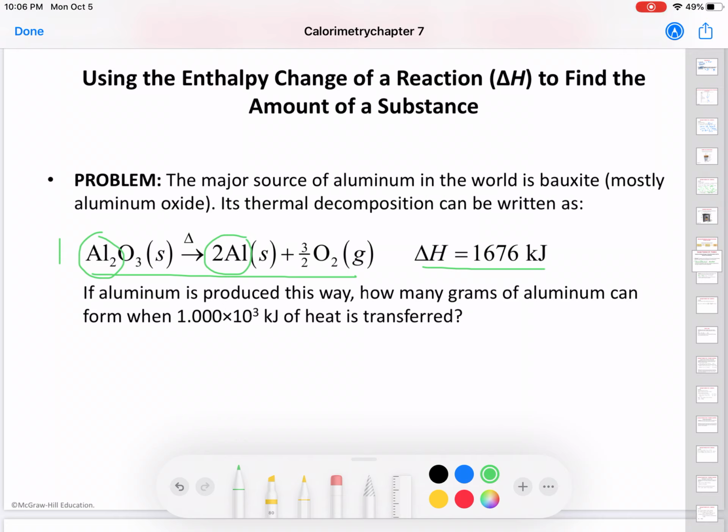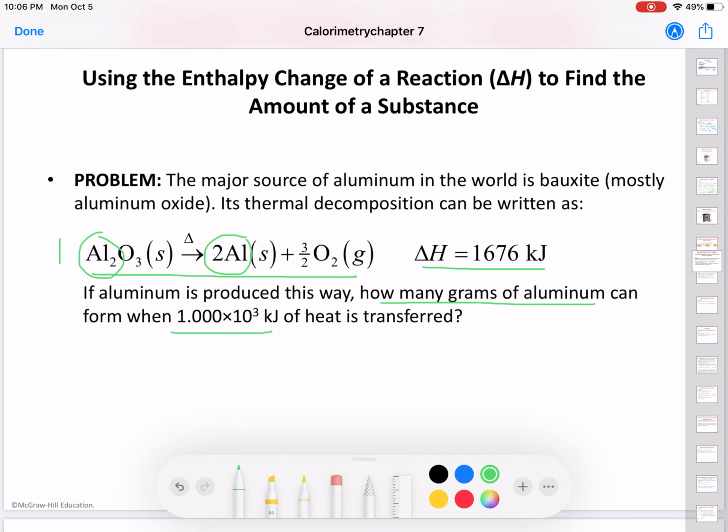If aluminum is produced this way, how many grams of aluminum can form when this much heat is transferred? It's asking how many grams of aluminum can form when 1.000 × 10^3 kilojoules, meaning 1000 kilojoules, of heat is transferred.